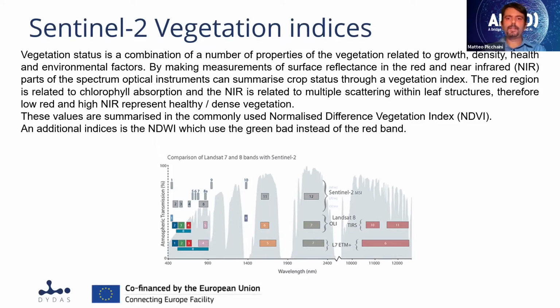The first one is the normalized difference vegetation index, while the second one is the normalized difference water index, which will be used to discriminate the presence of water in an unsupervised way over the acquired scenes.